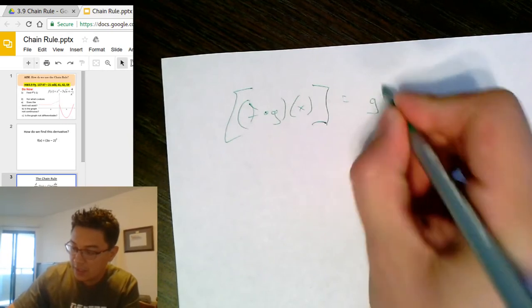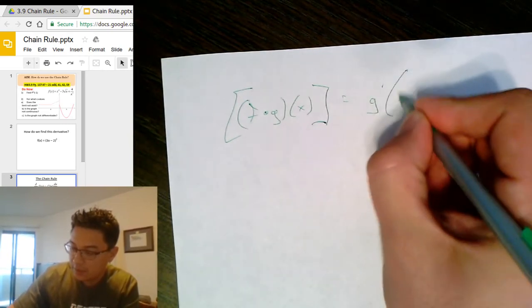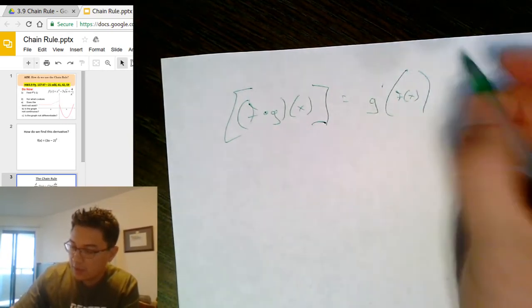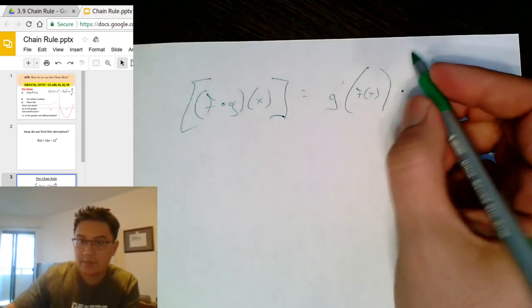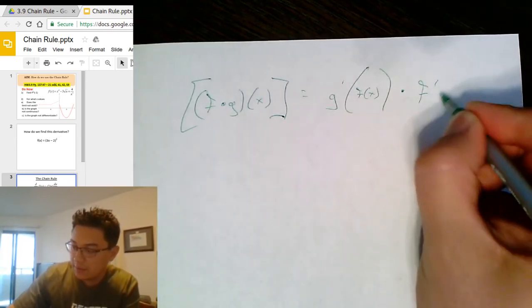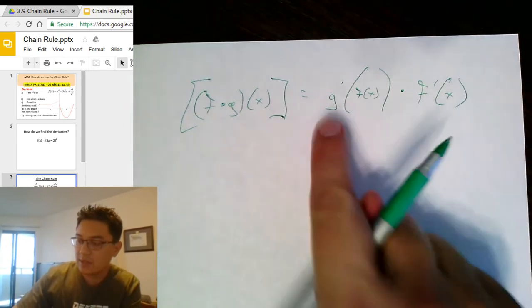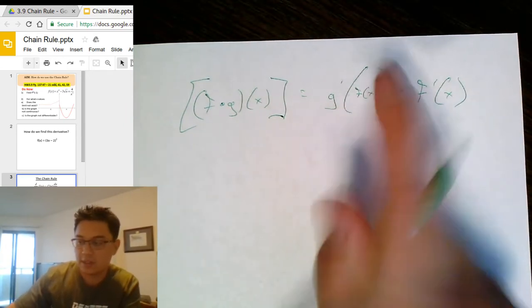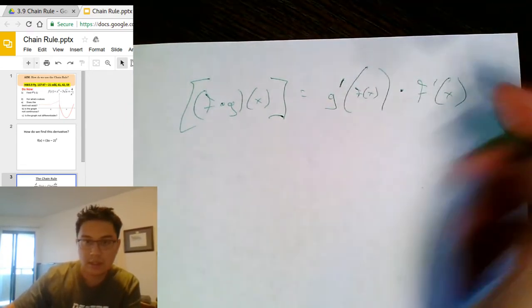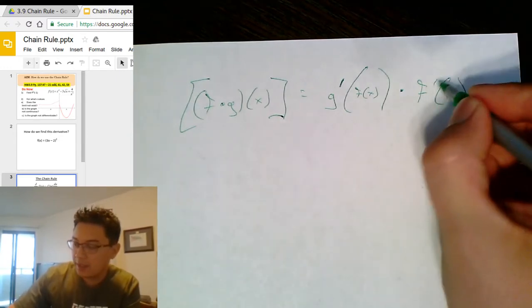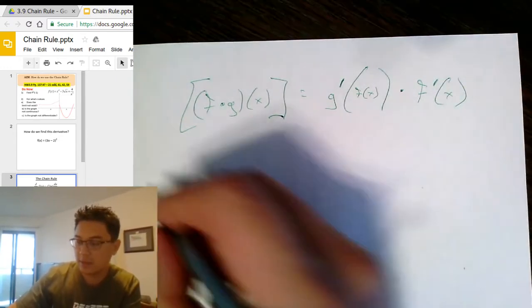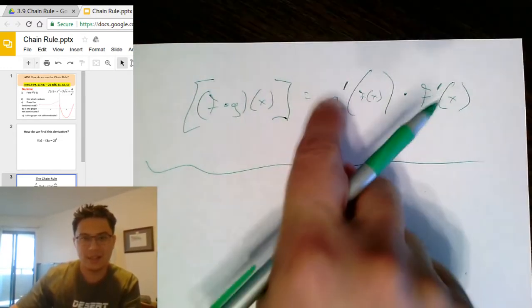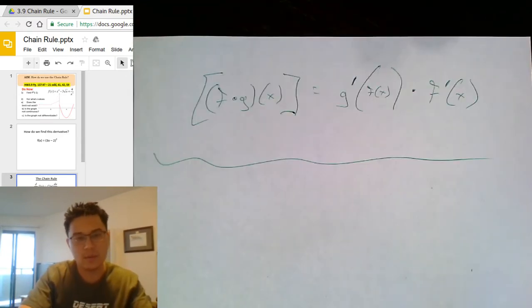We'll have g prime of f of x, and then we're going to multiply that by the derivative of f of x. So you have to identify what the outer function is. In this case, it's g. Then we multiply that by the inner function, which in this case is f. So that's your general rule. I like this a lot more than what's in the packet. The packet is a more formal way of writing it, but they both work.